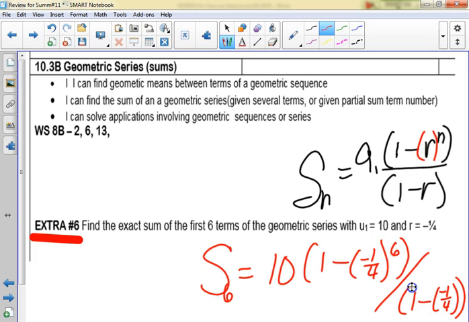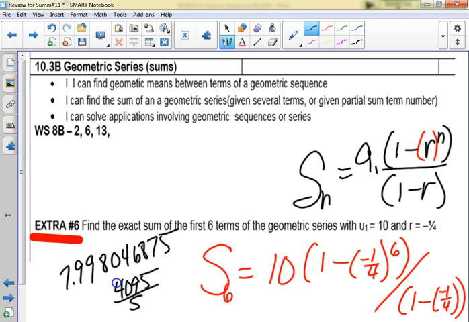I get 7.998046875. Math enter gives me, I actually got mine to work, 4095 over 512. Does everybody's calculator switch it back to fraction? Anybody's not?